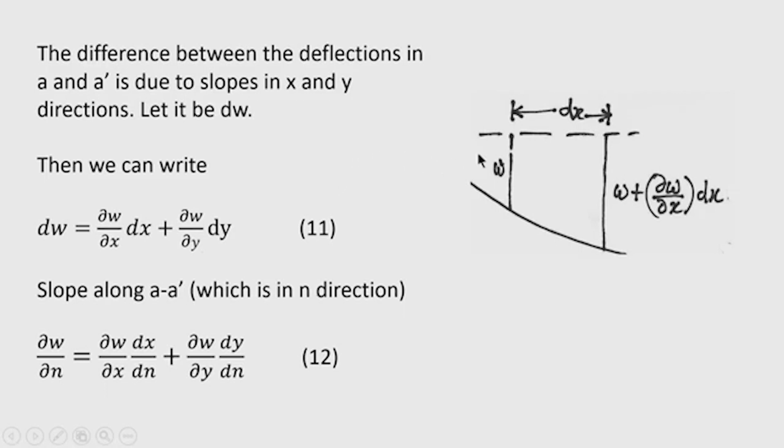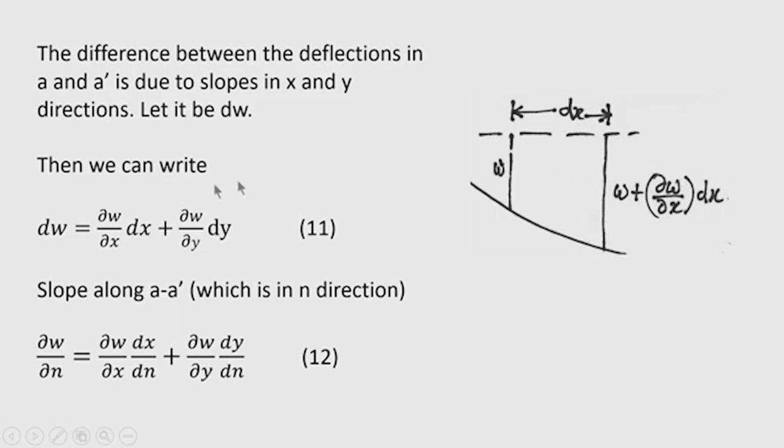So, let the difference be dw. You can see here the deflected line is shown in the x direction. So, the difference of deflection you can note here is nothing but w plus ∂w/∂x into dx minus w.